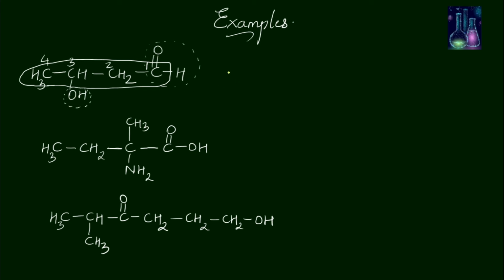Therefore, the name of the molecule is 3-hydroxy but, and the E is replaced by al because it's an aldehyde functional group. Therefore, it is butanal. You need not put 1 before the functional group because by default the carbonyl of an aldehyde or carboxylic acid has the first carbon atom.